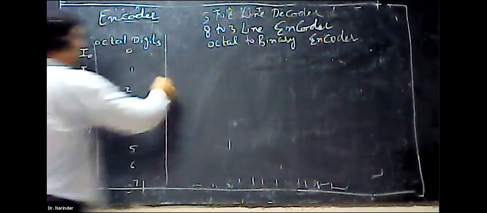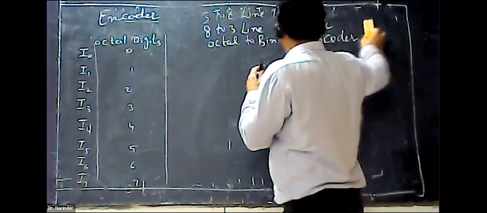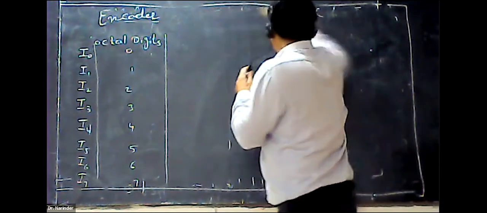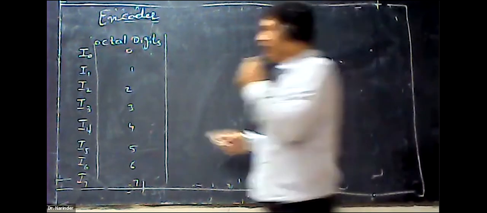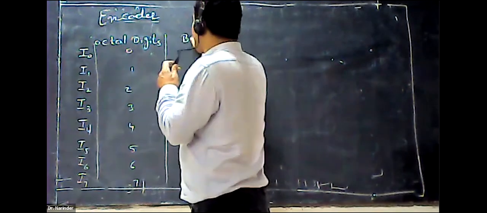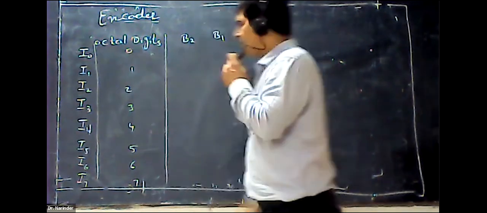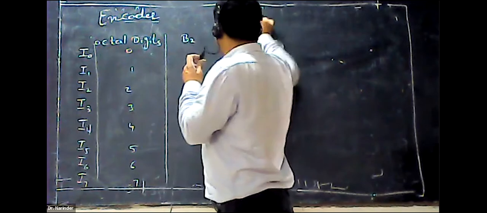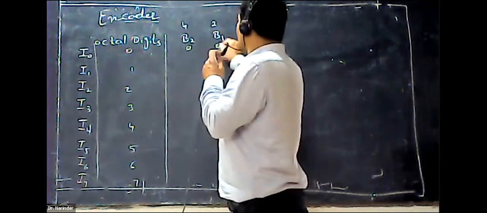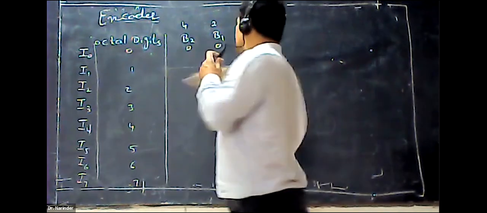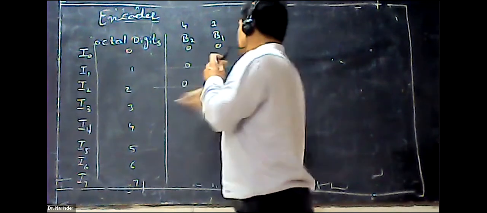To represent each octal number, we need 3 binary bits, that is B2, B1, B0. According to the weighted code, it would be 4, 2, 1. For 0 all are 0. This is 0, 0, 1. This is 0, 1, 0.